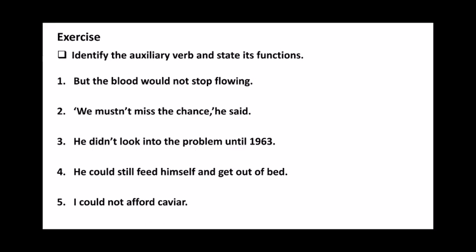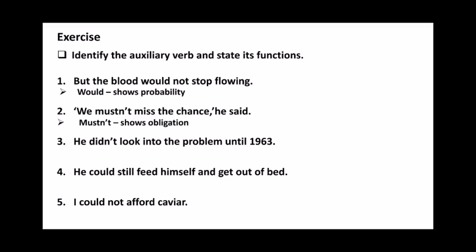It is would, which shows probability. Next sentence, we mustn't miss the chance, he said. Here the auxiliary verb is mustn't, which shows obligation. That means you shouldn't miss the chance. You should do it. It's an obligation.